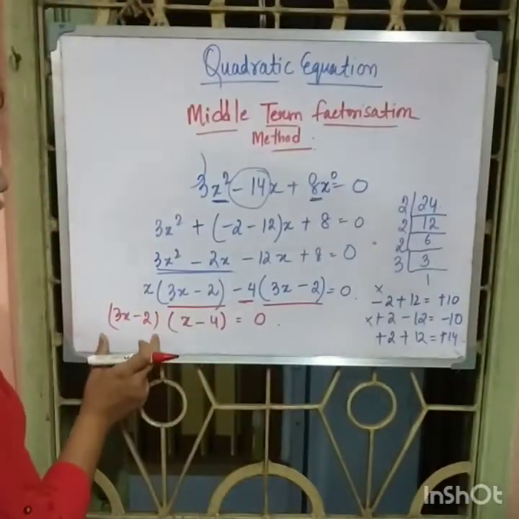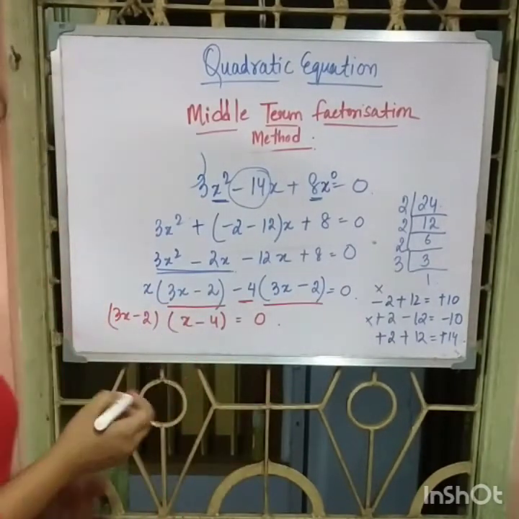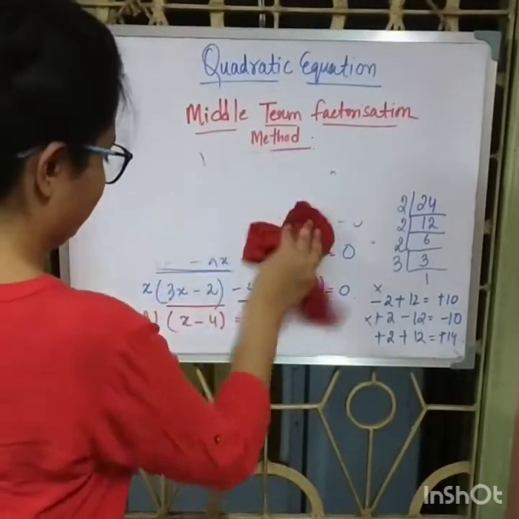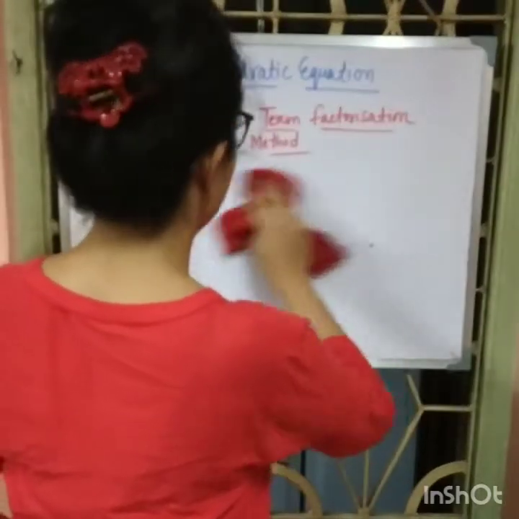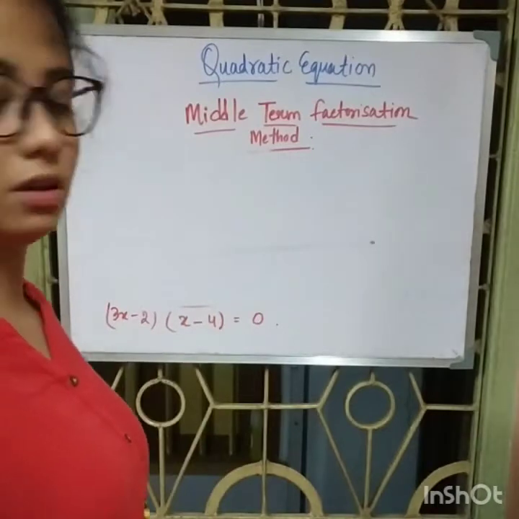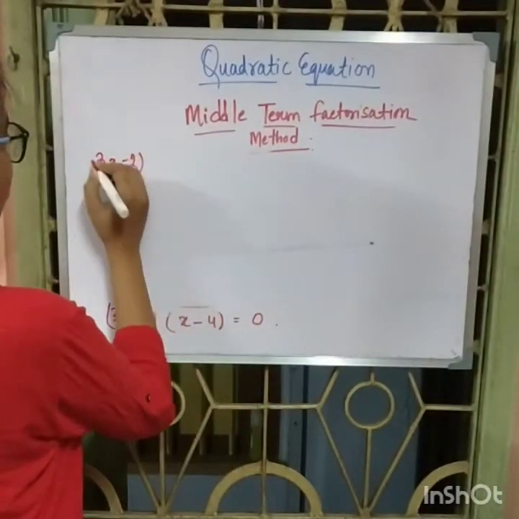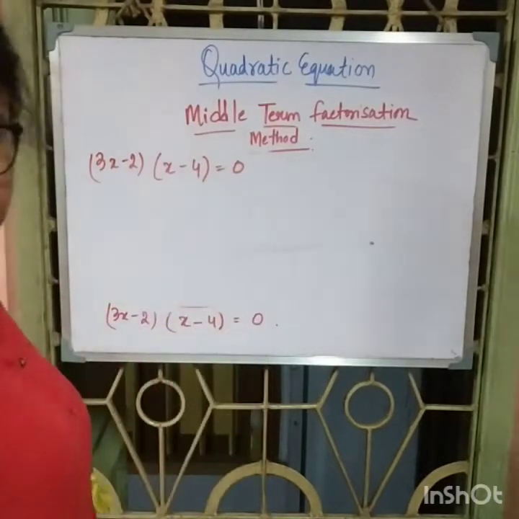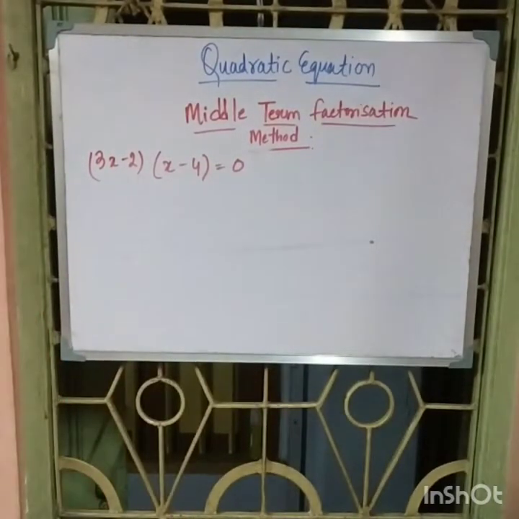So the remaining is x minus 4 is equal to 0. So we will clear this and get back to this. I hope it's clear till now. So we got 3x minus 2 and x minus 4 is equal to 0, right?